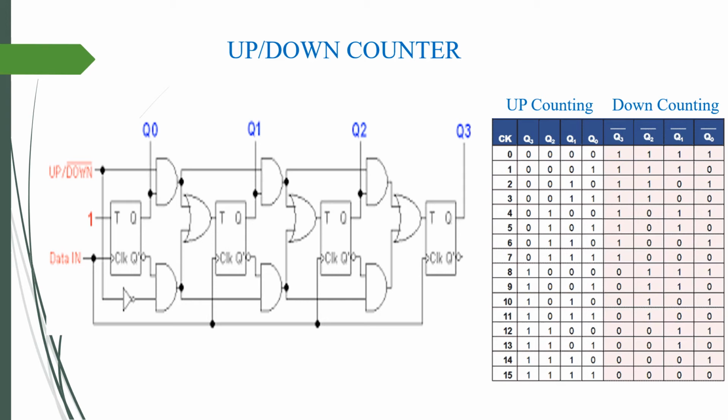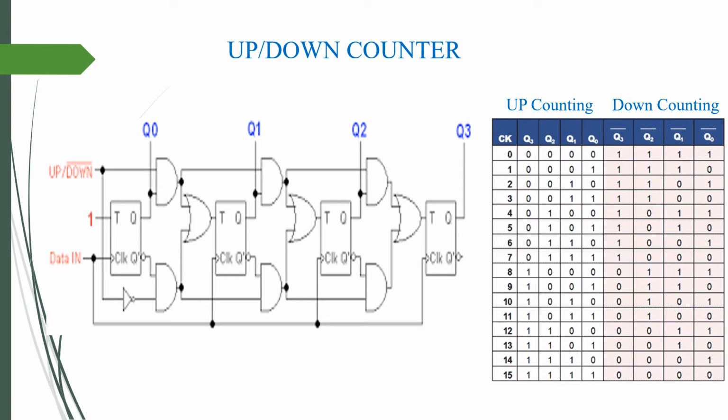When this control signal is equal to 1, it connects Q0, Q1, Q2 to the clock input through gates of respective flip-flops and generates incrementing output. It works as up counter.